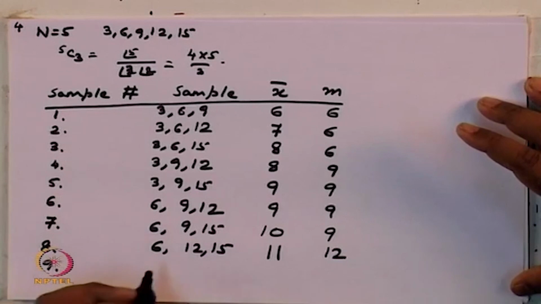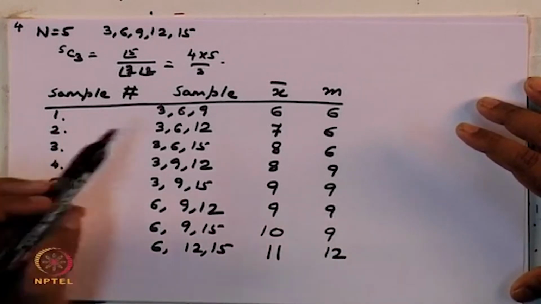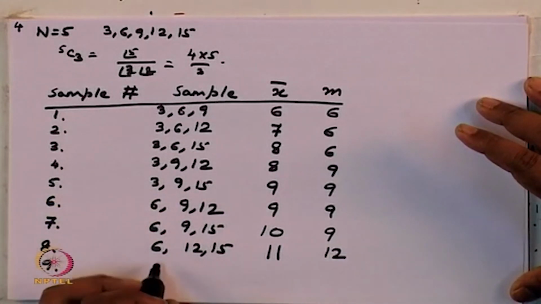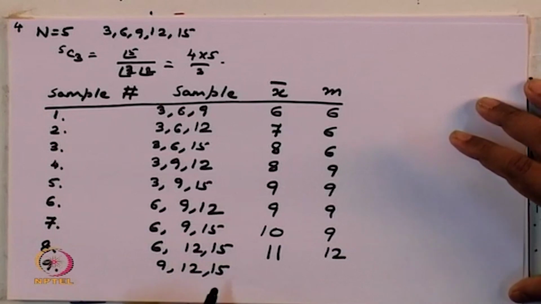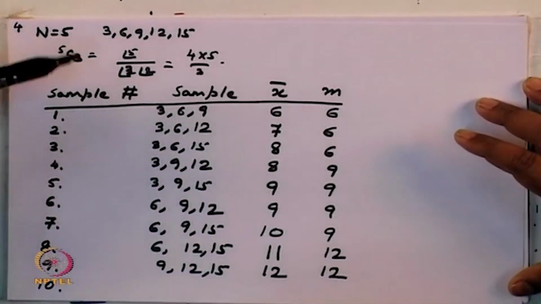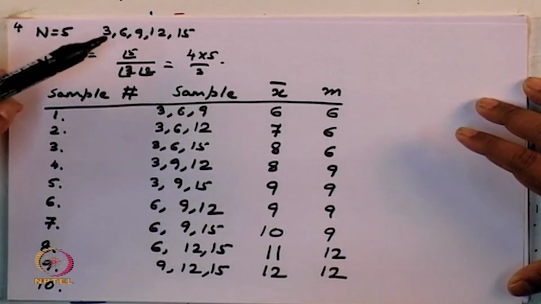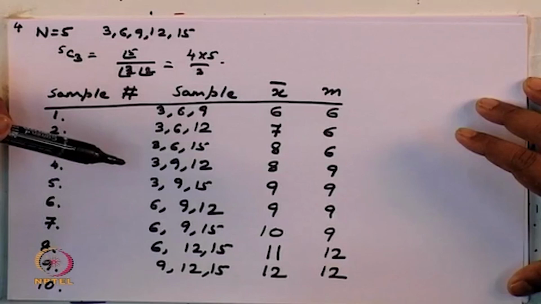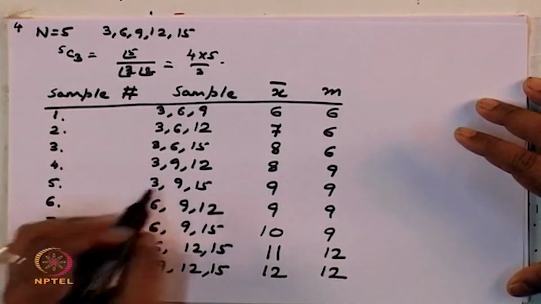Okay. 3, 6, 9, 3, 6, 12, 3, 6, 9, 12, 15. 15 and 9, 24, 12. This is 12. What is the 10th number? So, I should have. Okay, so I missed out the 3, 12, 15.